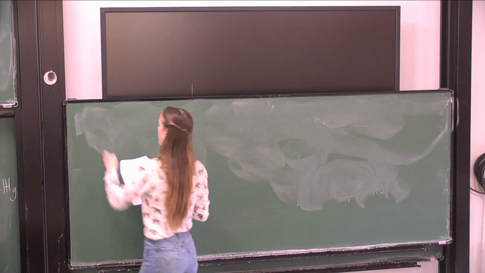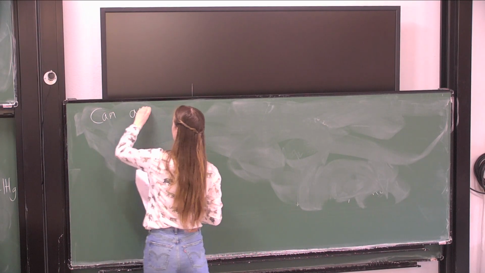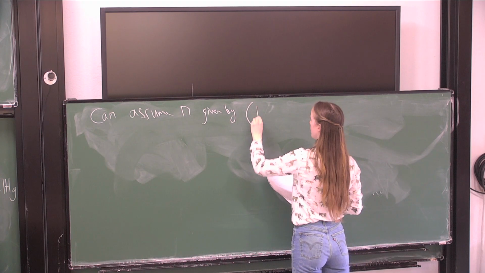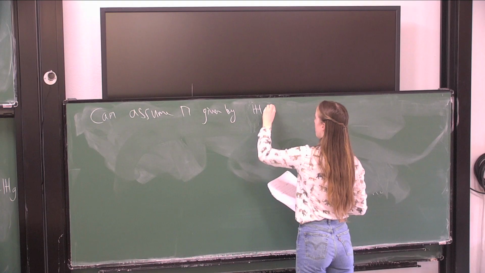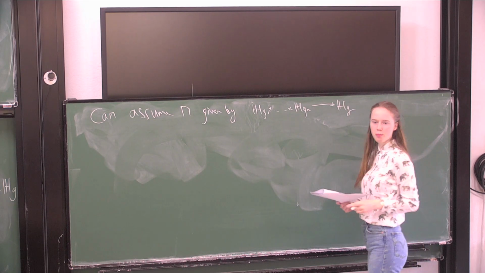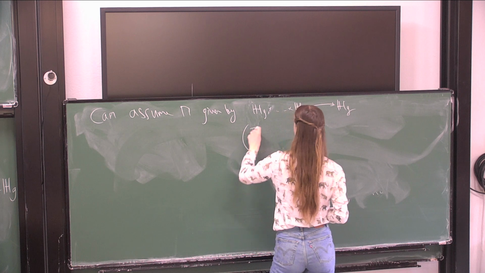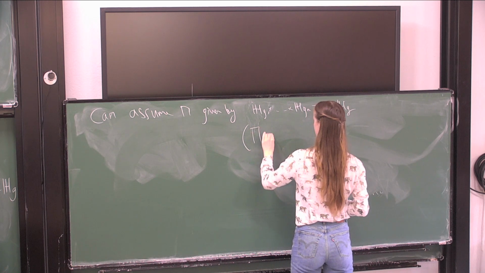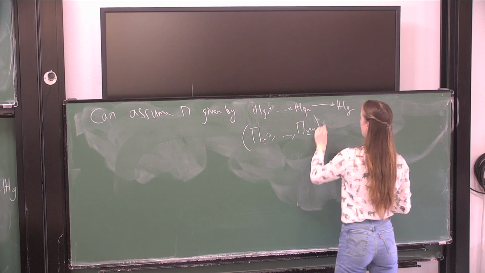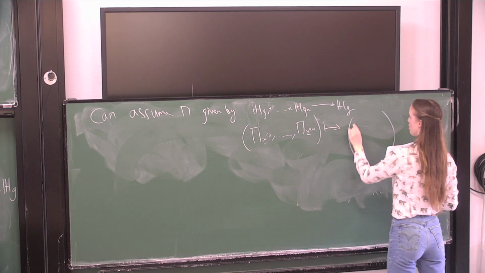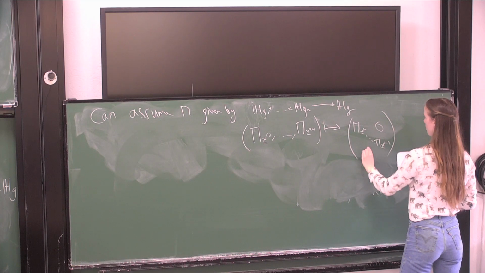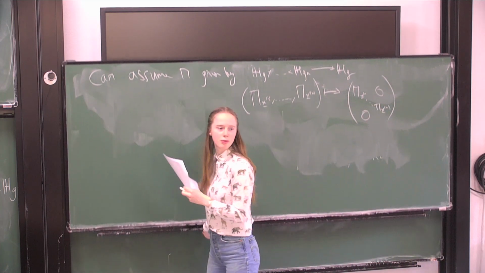And the product map we can assume to be given by the map from H_{g_1} up to H_{g_k}, mapping to H_g, where this is the lifted product map, and it takes a tuple of matrices which are g_i by g_i, and it maps this to the big matrix that has the smaller ones in the block diagonal. Okay, so this was the part that's not so difficult.